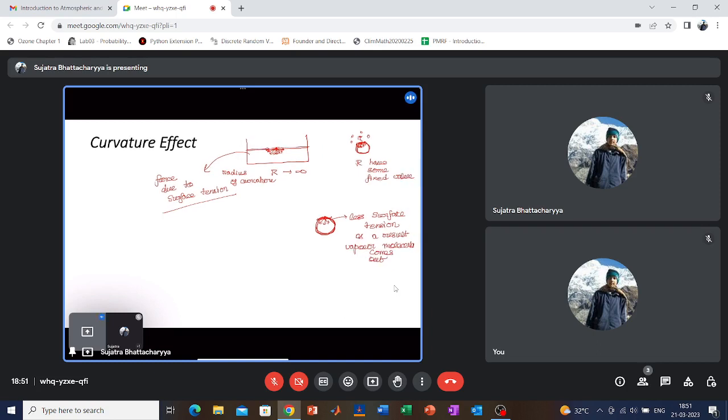Okay, so we will find that in case of a plane surface of pure water, you have a very small amount of vapor molecules, whereas here you have a large amount of vapor molecules. Okay, these are all vapor molecules.